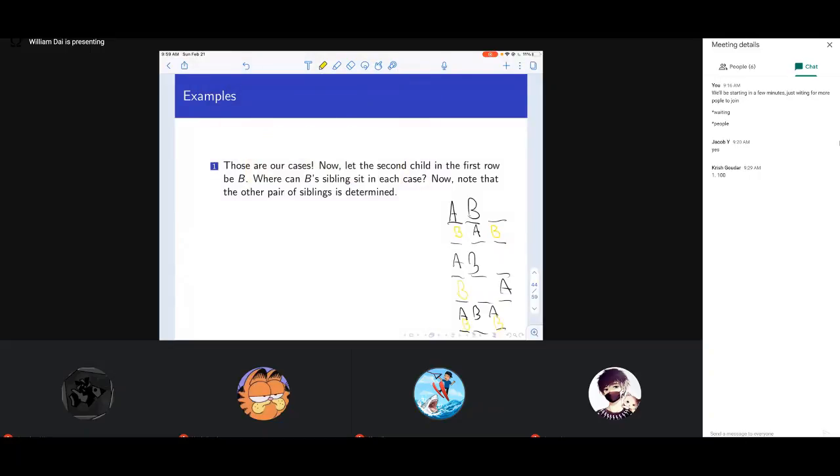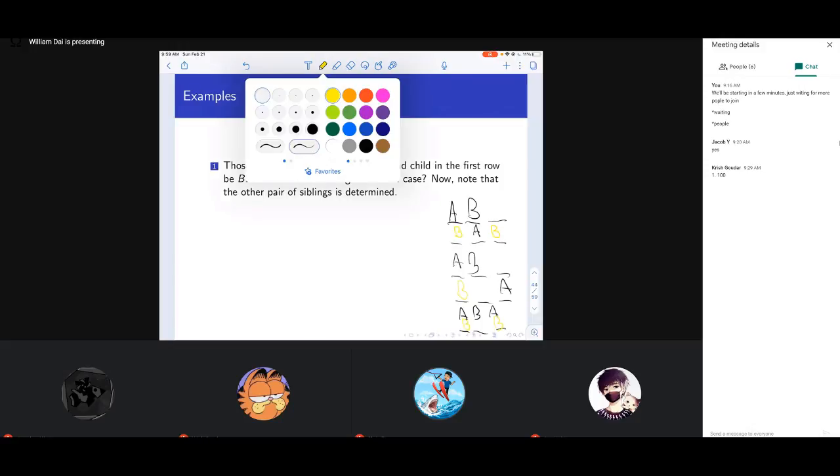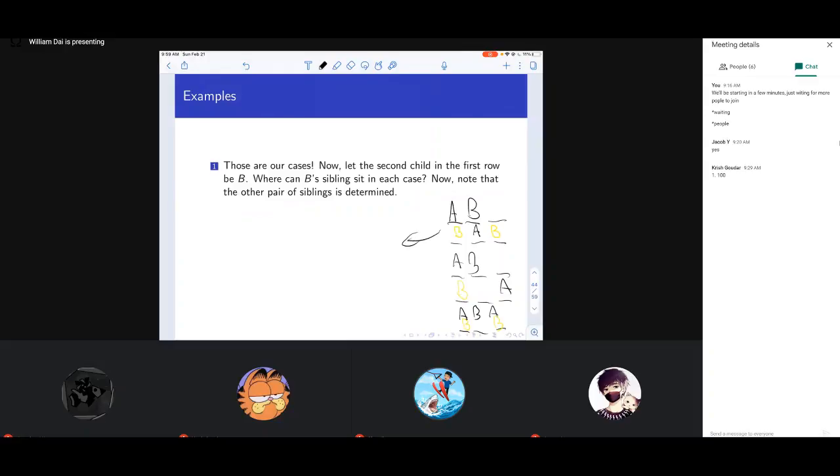Now, how many of these arrangements are valid? Looking here, we have this arrangement, but this forces the last two children to be adjacent, so that's a no-no. This one's valid. This one's also valid, and this one is not valid.